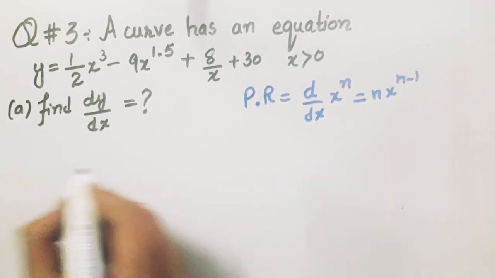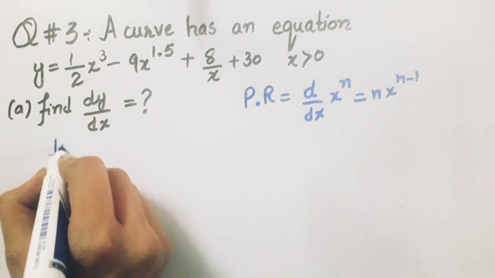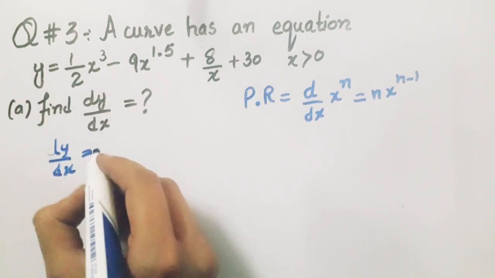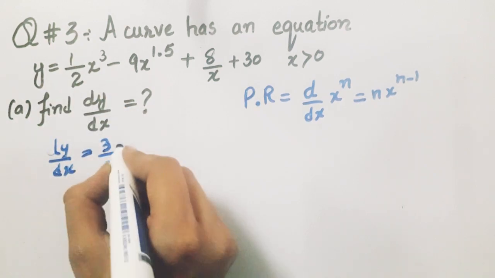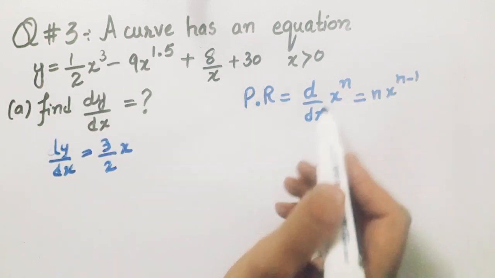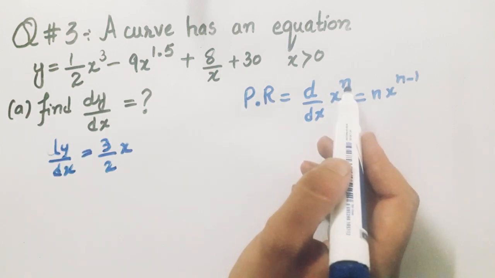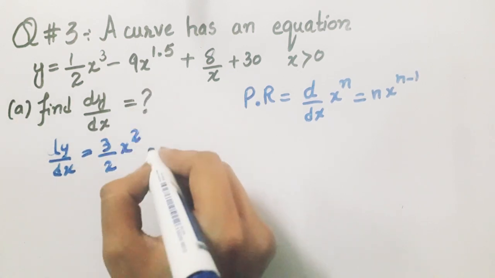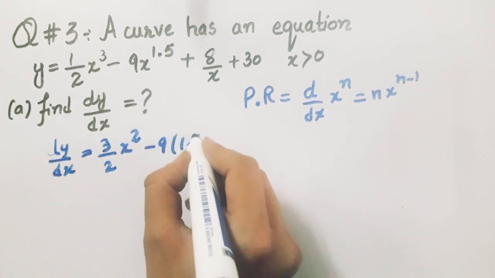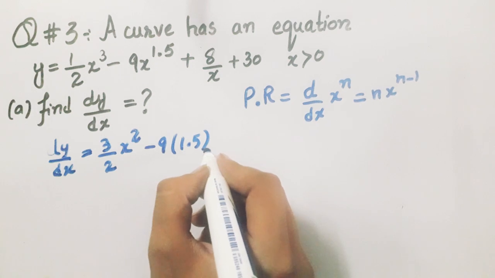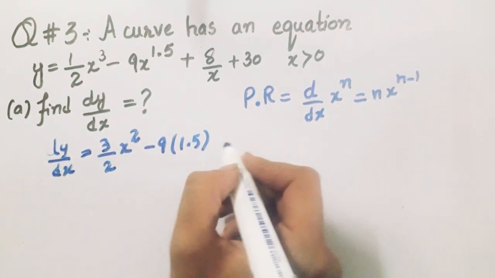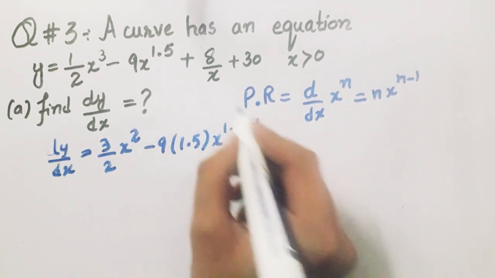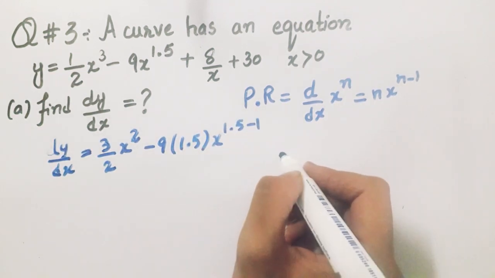First of all, dy by dx of this y will be equal to 3 by 2 and x raised to power 3 minus 1, because we have the rule x raised to power n means n minus 1. So 3 minus 1 is 2, minus 9 into 1.5 x raised to power 1.5 minus 1, plus 8 by x.